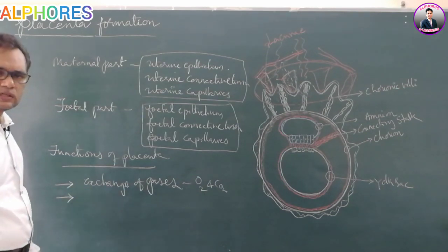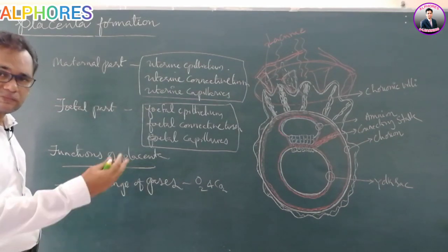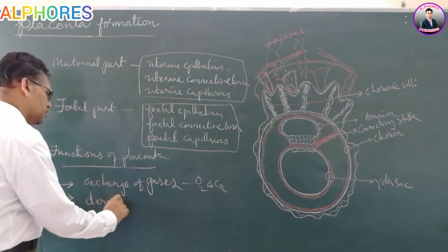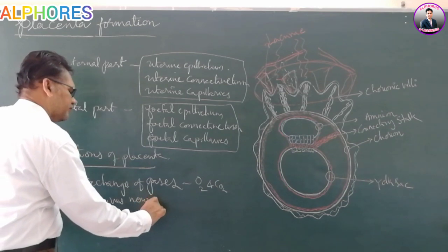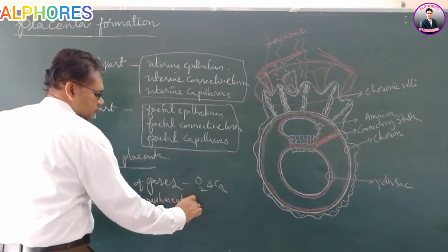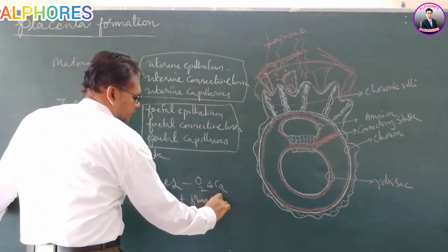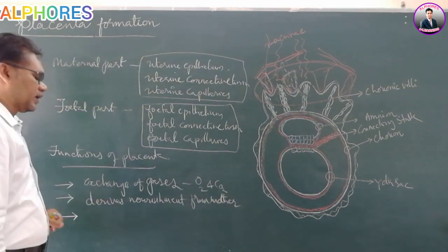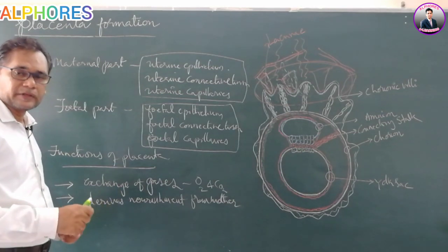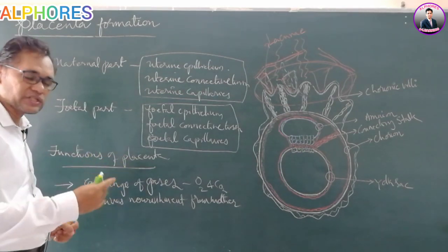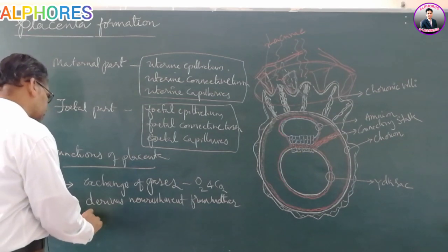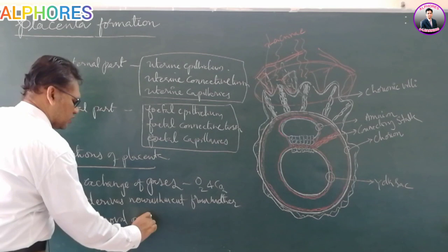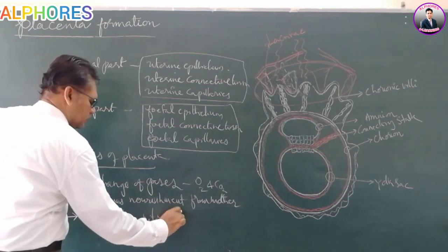As well, the placenta is also useful for deriving nutrients, deriving nourishment from the mother, as well as for removal of waste, excretory waste, that is removal of nitrogenous waste. This is excretion.